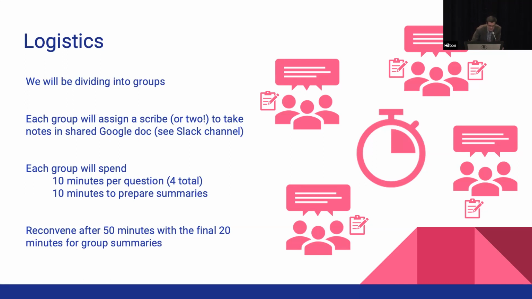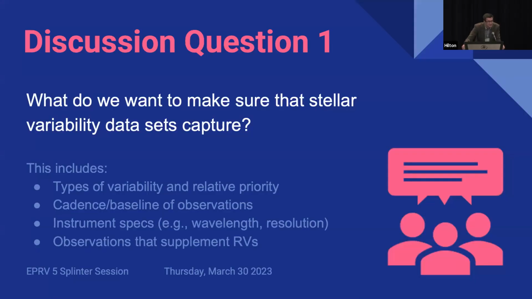But here's our first discussion question. The question is, what do we want to make sure that stellar variability data sets capture?